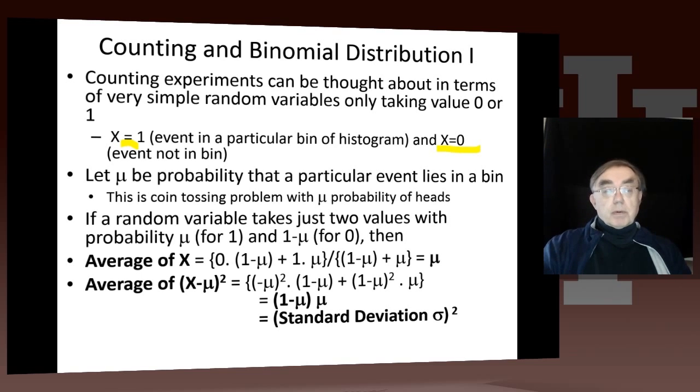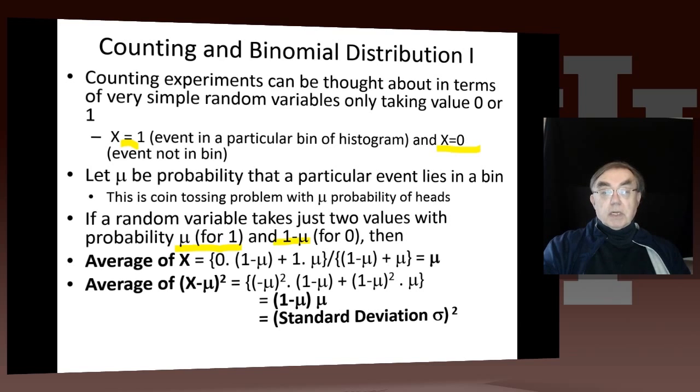So if we have a probability mu, which of course for coin tossing is 0.5 for a decent coin, that a particular event lies in a bin. Of course we can generalize coin tossing to biased coins, which preferentially become heads or tails. Then we have a random variable with two values, with probability mu that it's 1 and 1 minus mu that it's 0, because probability always adds up to 1.